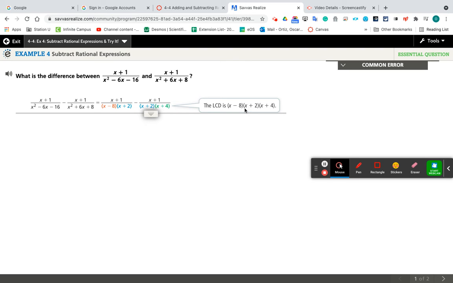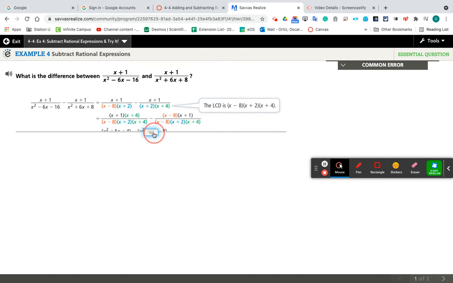So the LCD is x minus 8 times x plus 2 times x plus 4.